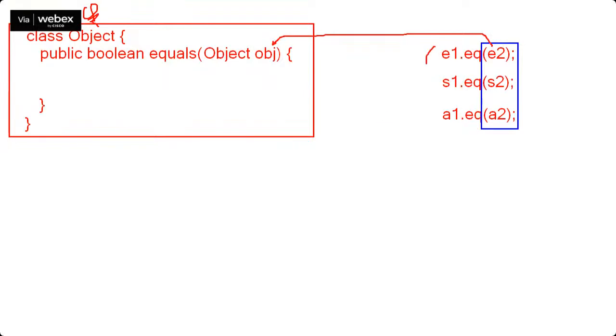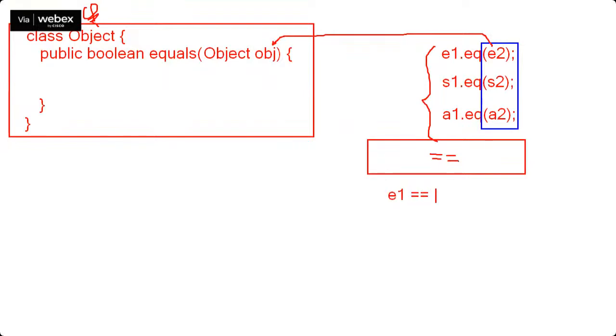Reference comparison, the double equals operator. Double equals operator reference comparison is the common logic: E1 == E2, S1 == S2, A1 == A2. This is reference comparison, a common logic.